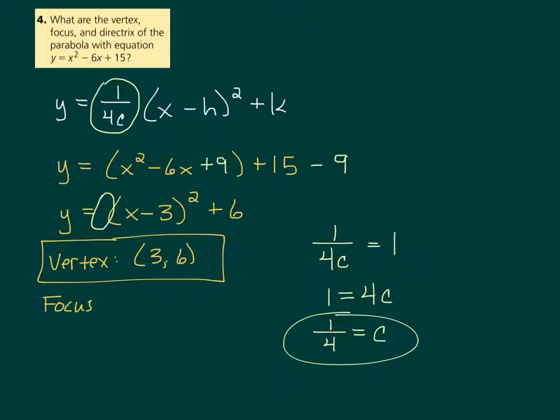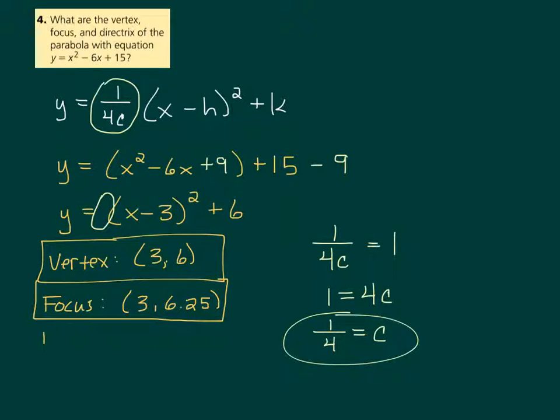is actually, our c is 1/4, so you go from the point 3, 6, you go straight up 1/4 of a spot. So our focus is 3, 6.25. From the vertex, straight up 1/4 of a spot.